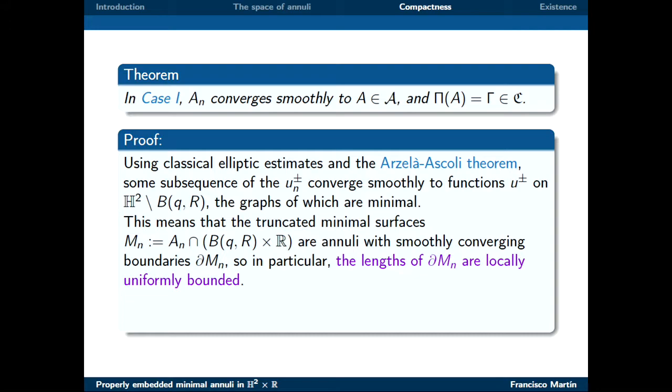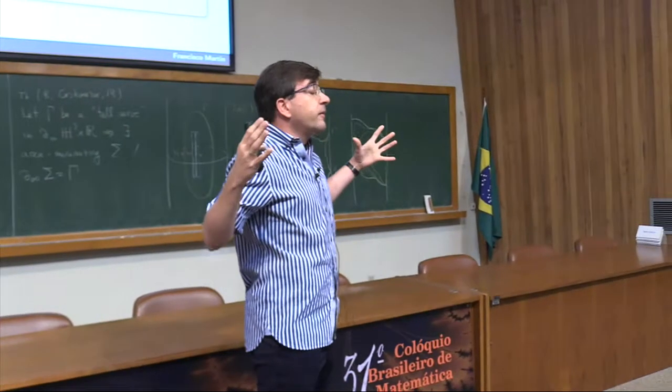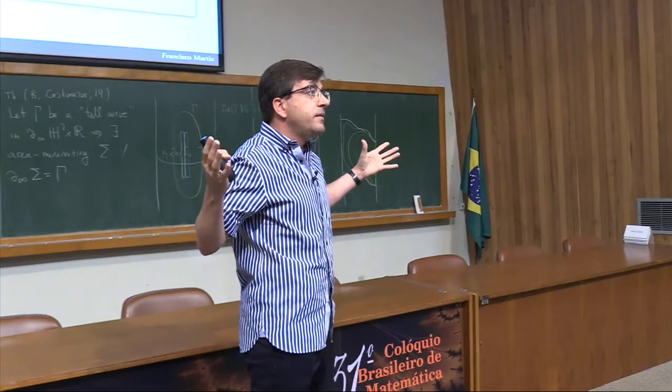But observe that if you consider M_n, the part of the annuli which is inside the cylinder, all these annuli satisfy that the length of the boundary is uniformly bounded, because the boundary is the interior boundary of the graph.